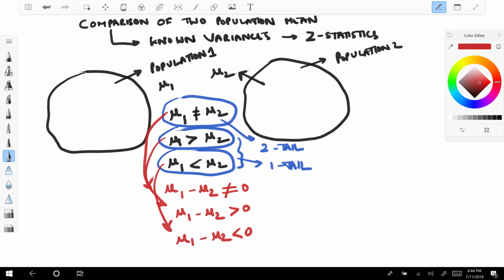To compare both of these populations: a population is a bigger set, consisting of all the elements, so it's difficult to get the facts about the population. So we can take a sample. If this is a sample from population 1, we take sample 1.